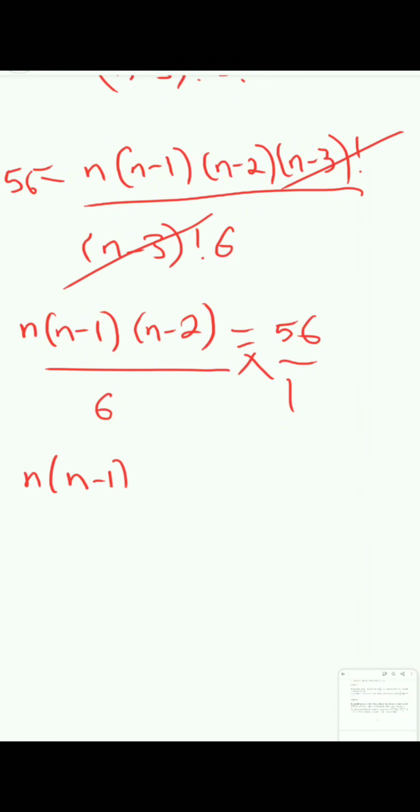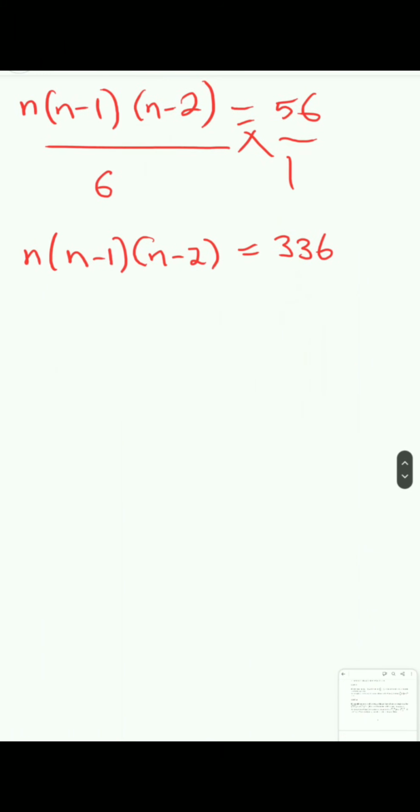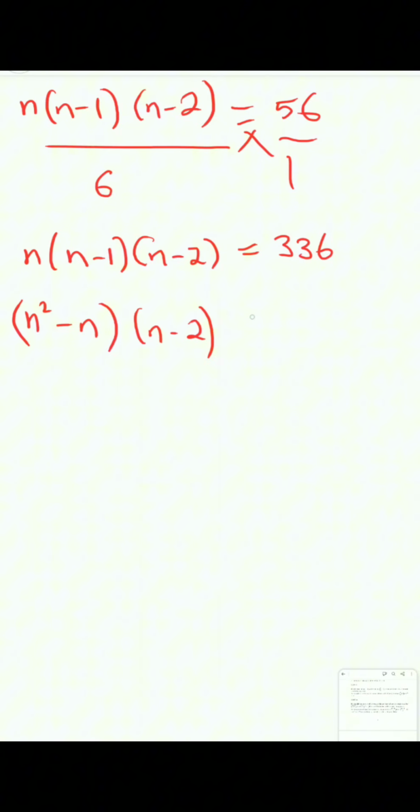So this will give us n times n minus 1 times n minus 2, which is equal to 56 times 6, which gives 336. So when I expand, I'll get n times n to be n squared minus n. Put this under parentheses, multiplied by n minus 2, equal to 336.